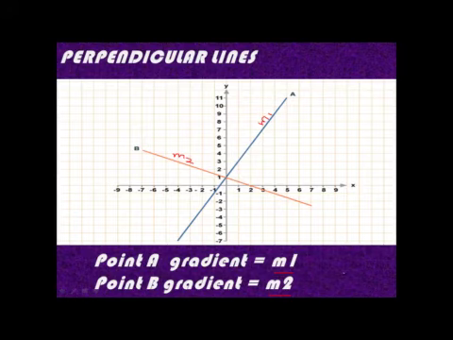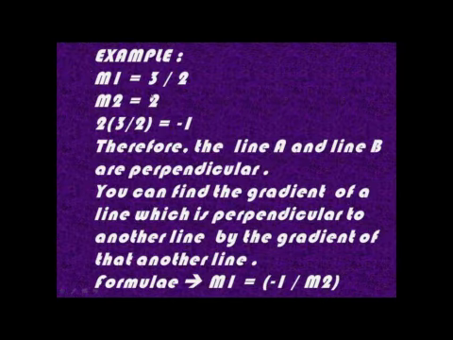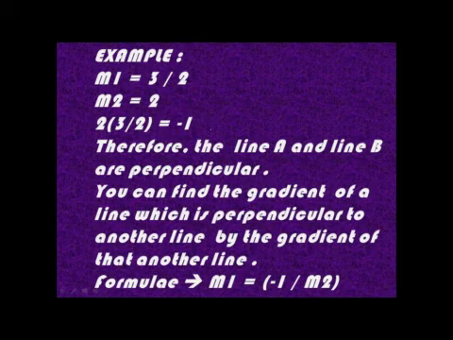For example, suppose the gradient of line A, M1, is 3 divided by 2 and the gradient of line B is 2. So 2 times 3 divided by 2 would equal 1, because those two lines are perpendicular.